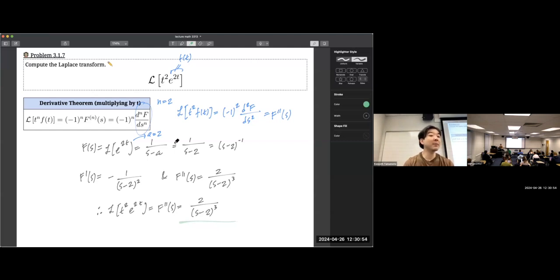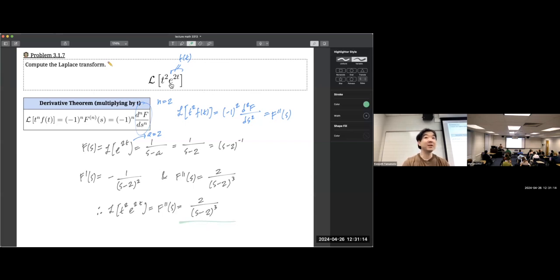Coupled with these couple of theorems, they now give us access to computing the Laplace transform of things that are multiplied by e to the ct or multiplied by t to some power. For this t squared times e to the 2t, was there another way we could have done it? We didn't have to use the derivative theorem, right?